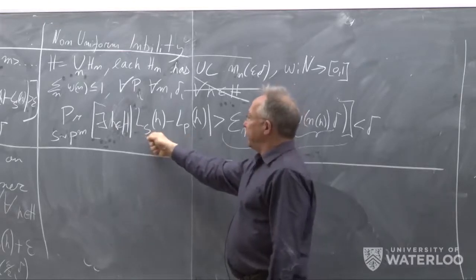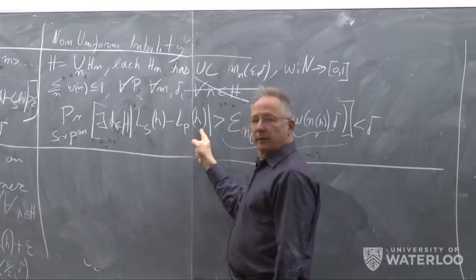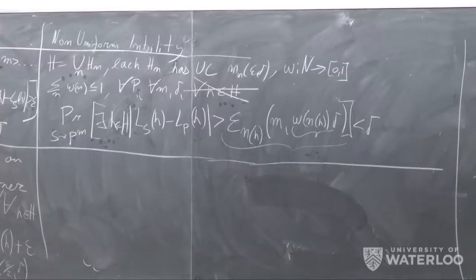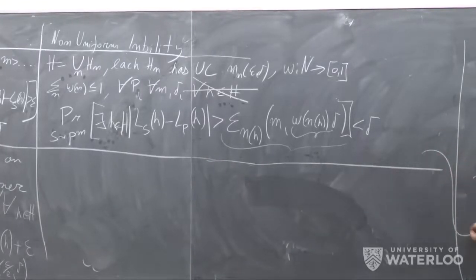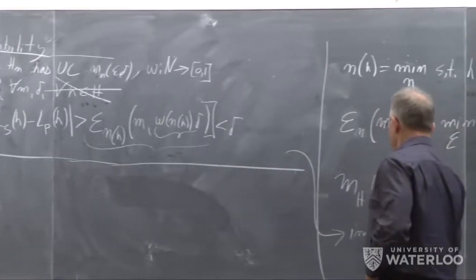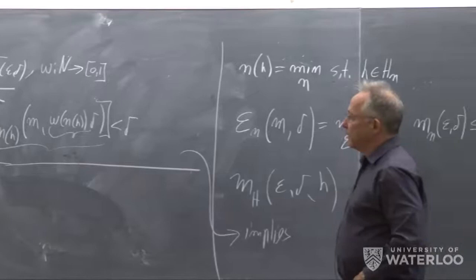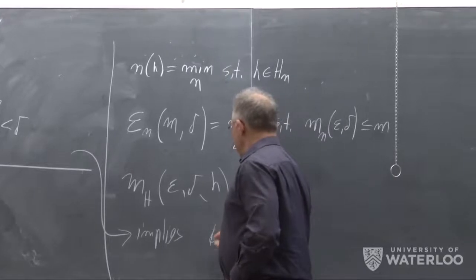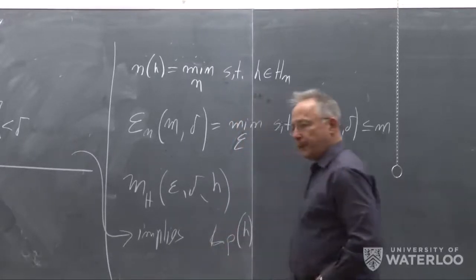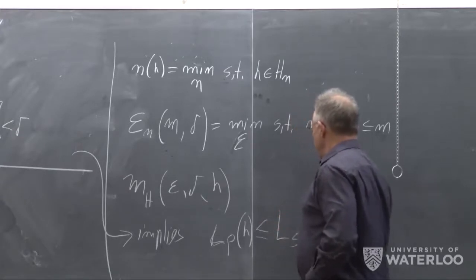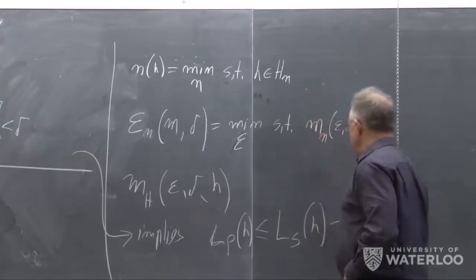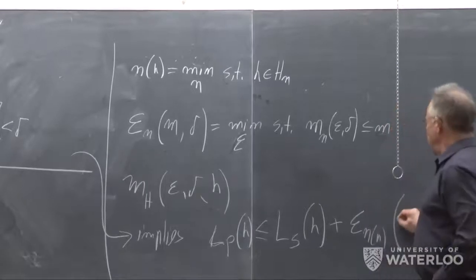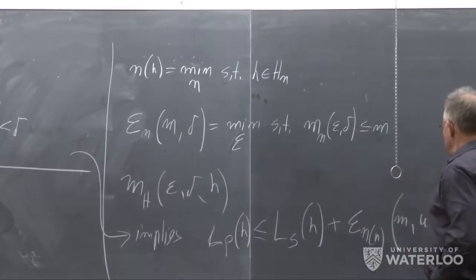This bound just tells me the loss according to S is close to the loss according to P. But an implication of this bound is that with high probability, the loss with respect to the true distribution of h is bounded by the loss with respect to the sample of h plus this epsilon of n(h), m, w of n(h), delta.